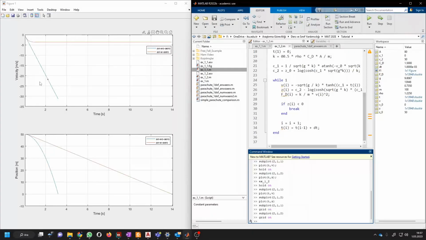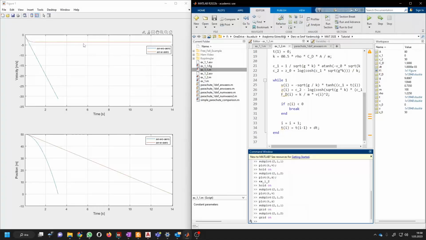So if we look at this velocity graph here, the solution of the model with aerodynamic effects has a velocity profile that reaches a certain level, a steady state value, and this value is nothing different than the so-called limiting speed that you had already learned at high school.